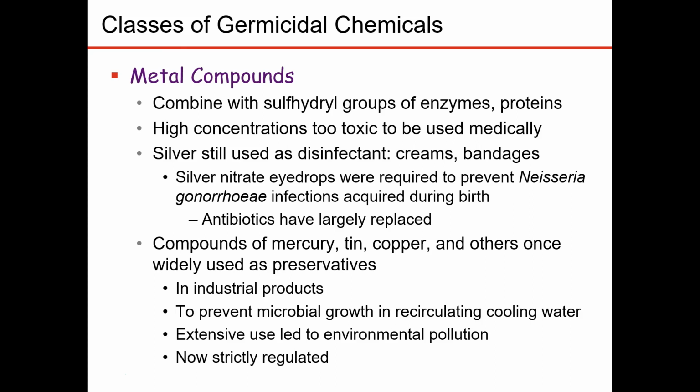Copper is a natural antimicrobial agent, and so having those metals, and having water or refrigerant running through them keeps them sterile as best as possible. However, high concentrations of these metals can be too toxic to be used medically, and so we have to use them in very limited amounts.